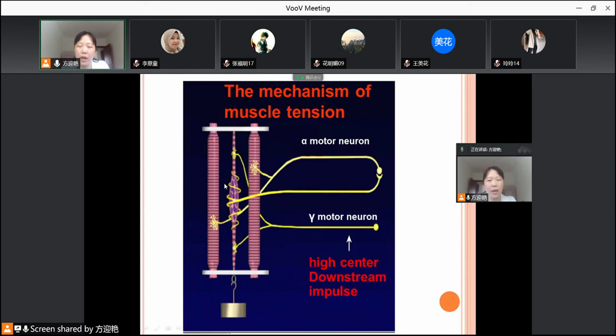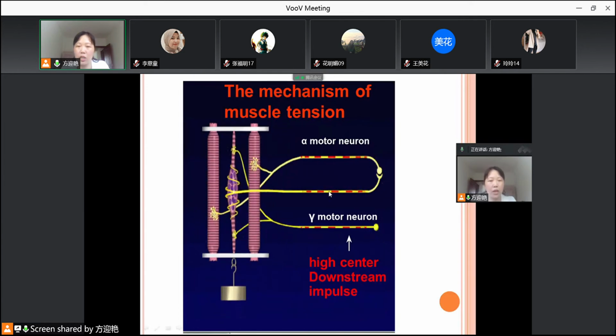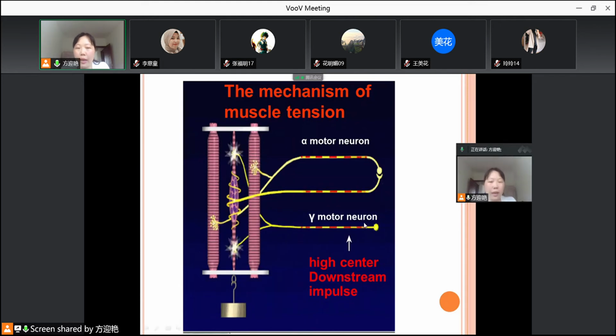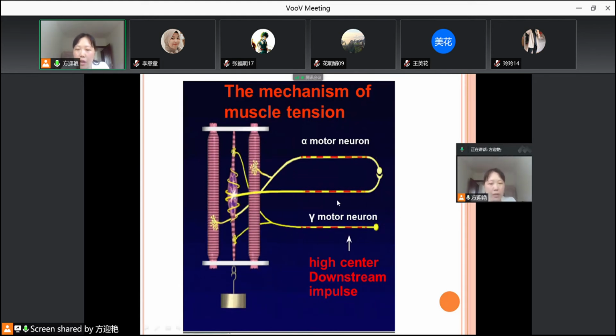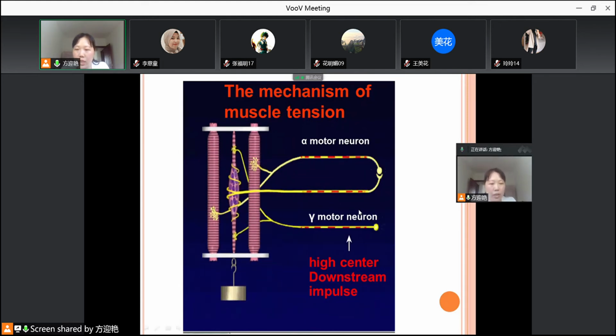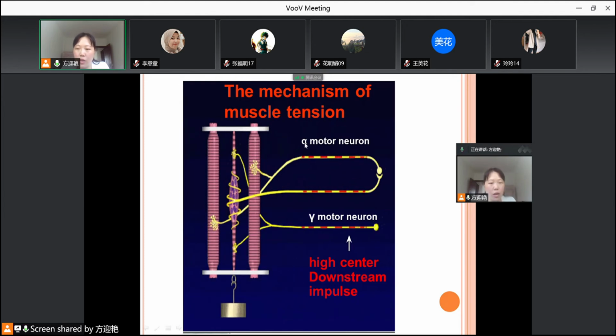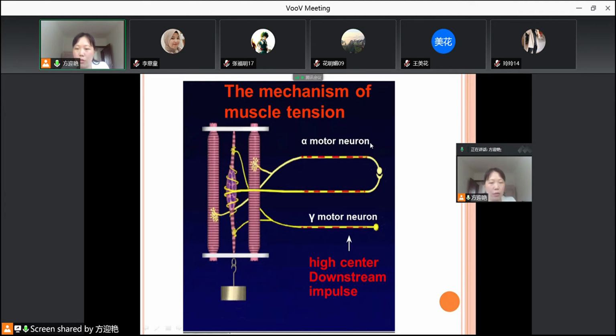At the same time, the muscle spindle is excited, and then the stretch reflex occurs. So I hope you know that gamma motor neuron stimulation can influence the stretch reflex, but this process is the stretch reflex. We can see here that it can influence the stretch reflex.